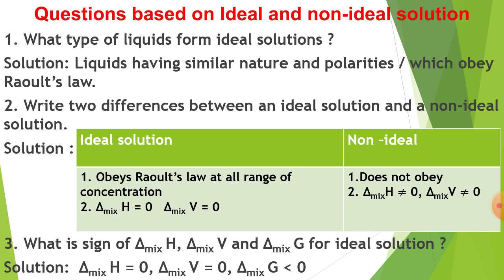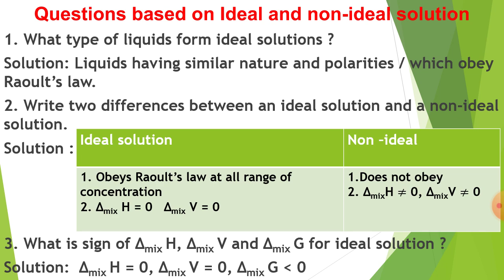Next, write two differences between an ideal solution and a non-ideal solution. The answer: an ideal solution obeys Raoult's law at all ranges of concentration, but a non-ideal solution does not obey Raoult's law.